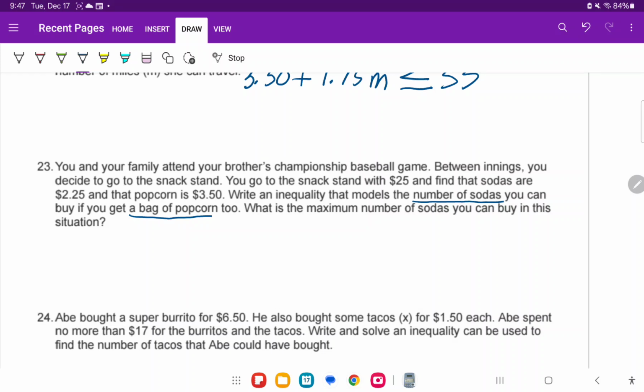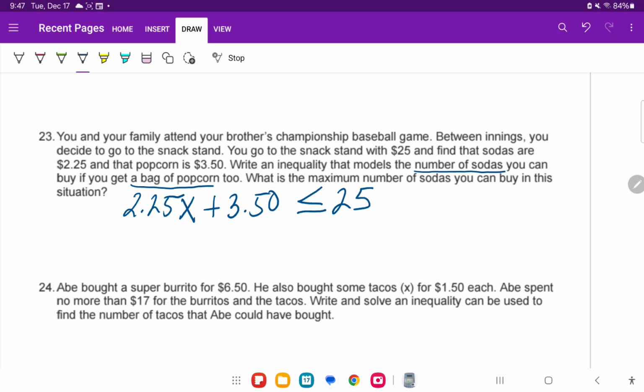So what we're going to do is the sodas are $2.25, so it's $2.25 times X, where X is the number of sodas that you can get, plus $3.50 for that extra bag of popcorn you're going to get. And all this has to be less than or equal to $25. Okay, so let's solve this.